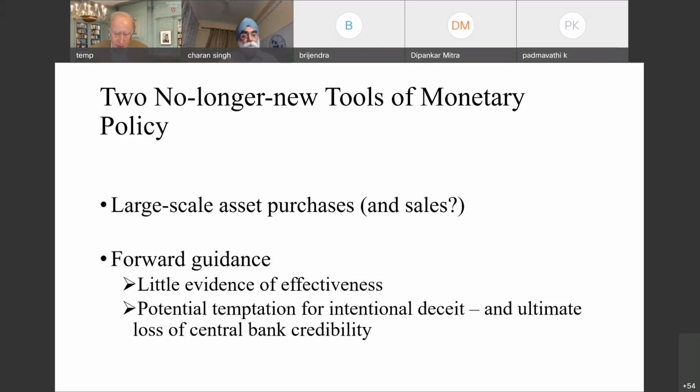And I think that's a recipe for a very bad road to follow, because ultimately that would lead to a loss of central bank credibility. So the conclusion I would offer is that yes, by all means, let's declare the asset purchase programs a success, and let's continue them and broaden them, but I'm very skeptical of a serious role for forward guidance.